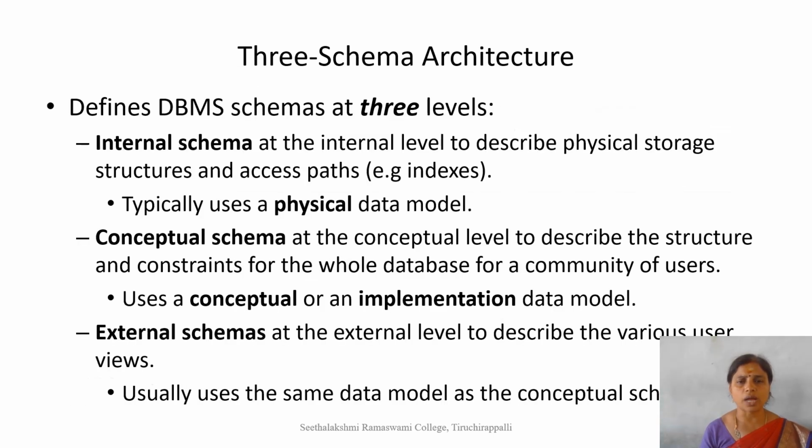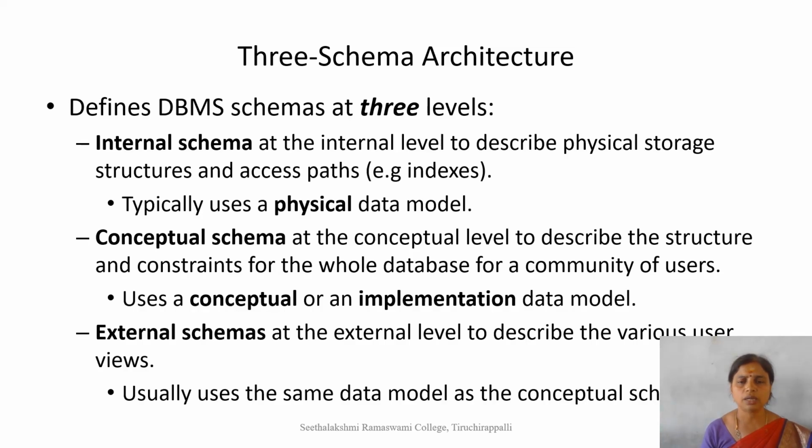The next one is three schema architecture. The DBMS schemas are at three levels. They are internal schema, conceptual schema, and external schema. Internal schema is at the internal level to describe physical storage structures and access paths. It typically uses a physical data model.